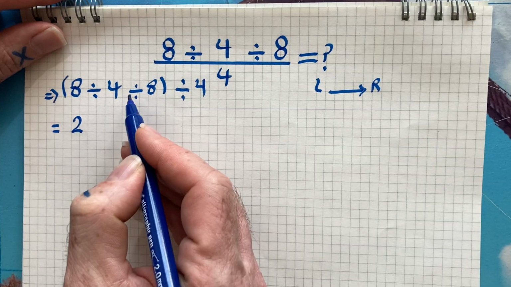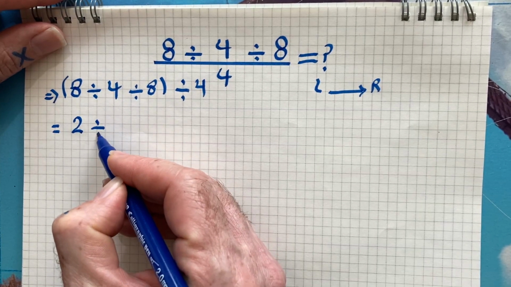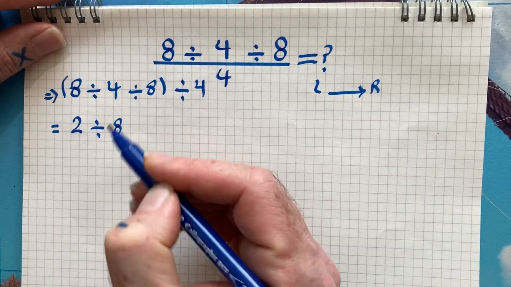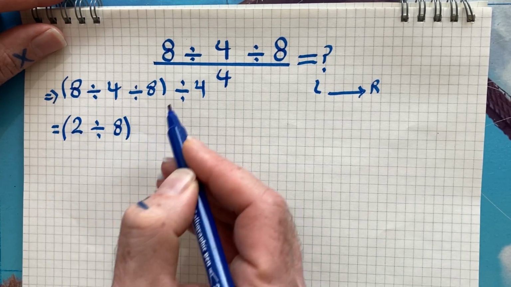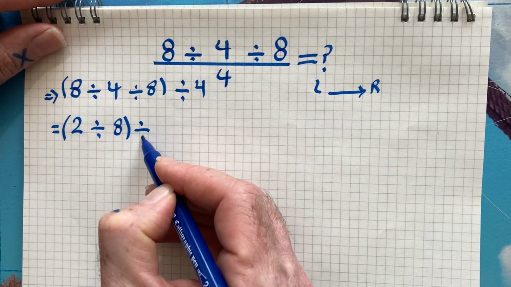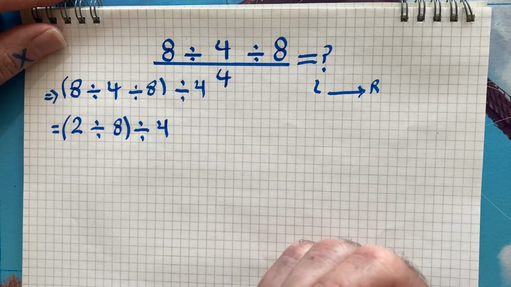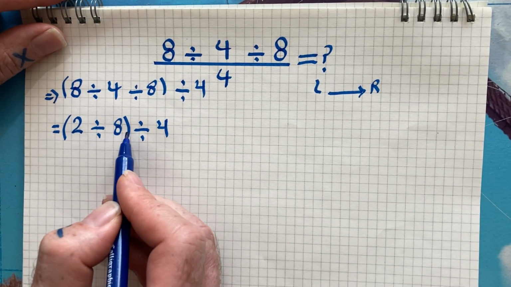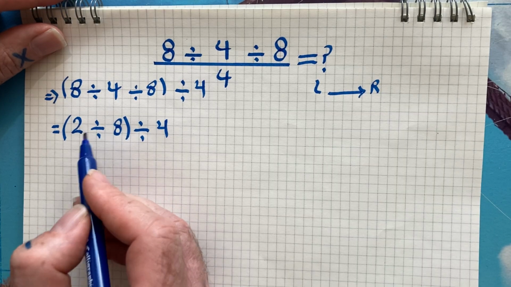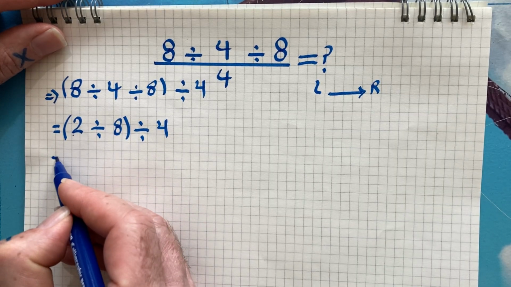I write it here. Then divided by this 8, right? So 2 divided by 8. All this divided by this 4. So now, again, let's do operation inside this parenthesis. So we have division. 2 divided by 8.